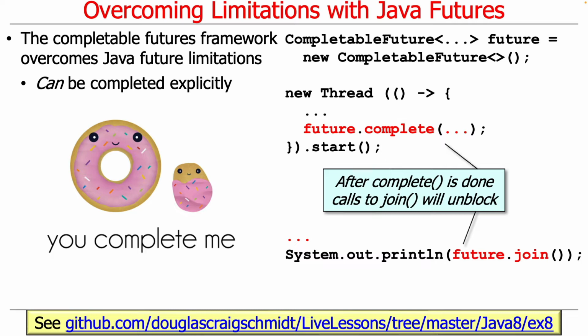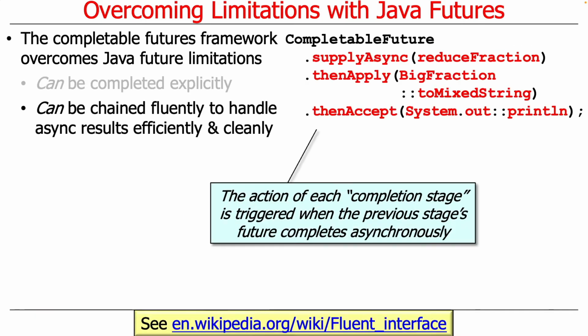And then the calling thread can get the result after it's been completed. So that's one thing it's very easy to do with newer completable futures. You can complete them, whereas it's very hard, very complicated to do that with traditional Java futures.